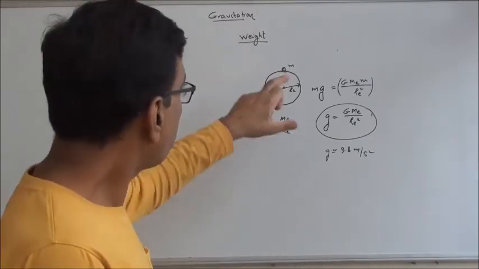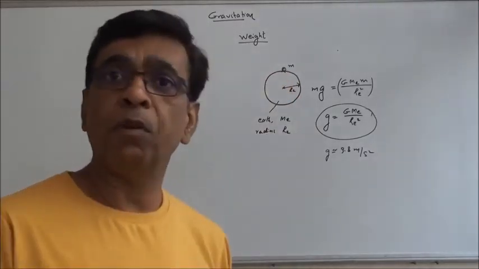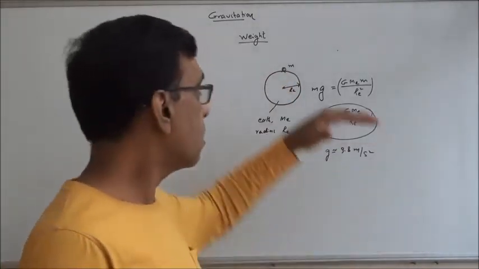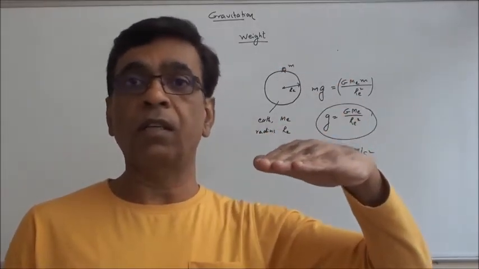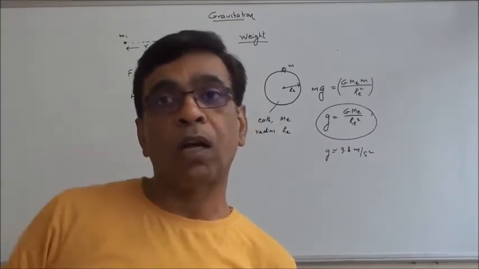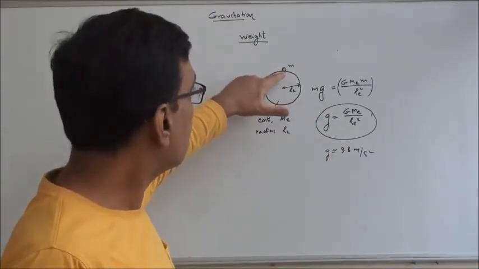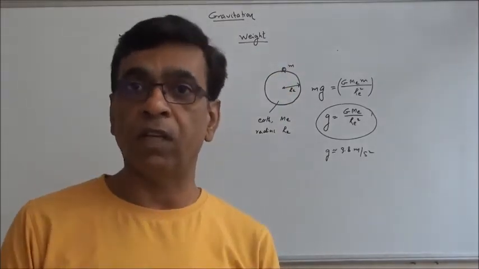Same way, I have taken that every point on it is at a distance of Re. It may not be so. There are certain points on Earth's surface which are exactly on the surface, and there are some points, say mountains, which are at a very large distance from even Earth's surface, so there are local variations in the value of g.